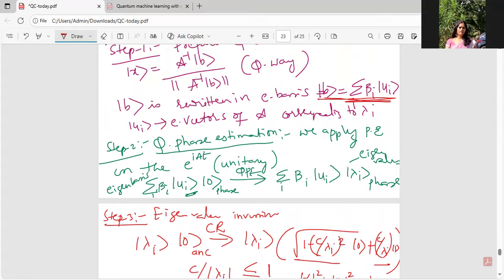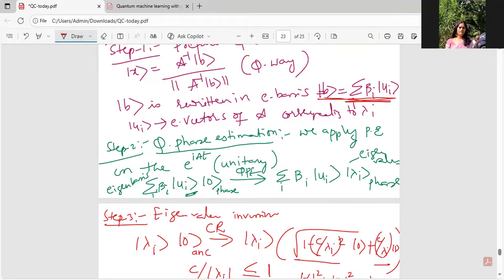Now, after that, what I have done is on A, I have applied quantum phase estimation. Quantum phase estimation, if I have to apply, whatever eigenstates, eigenbases are there, beta I, ket ui, that I have applied on, I have assigned to ket 0 phase.